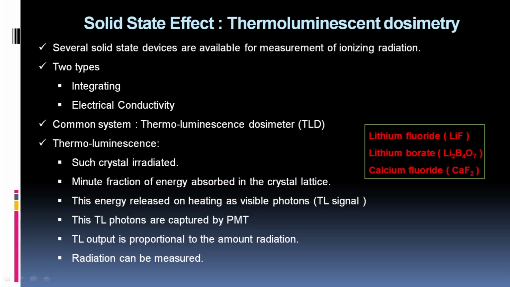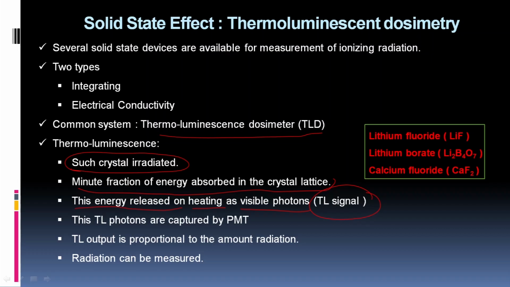First one is the integrating type and second one is the electrical conductivity type, and the commonly used system is the thermoluminescence dosimeter, TLD. Now, thermoluminescent materials are such crystals which, if we irradiate them, a minute fraction of energy is absorbed in the crystal lattice, and this energy is released on heating as visible photons, and this is known as the TL signal.